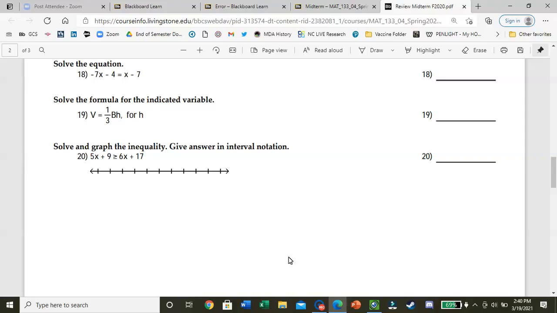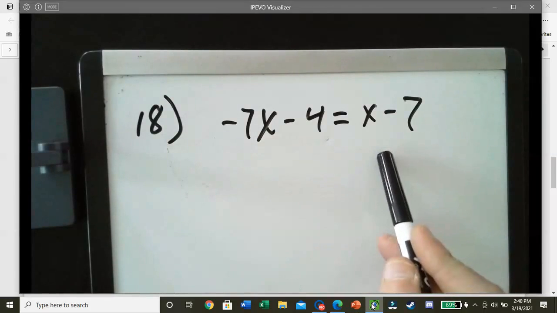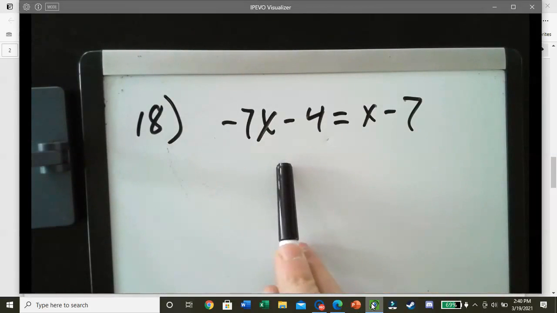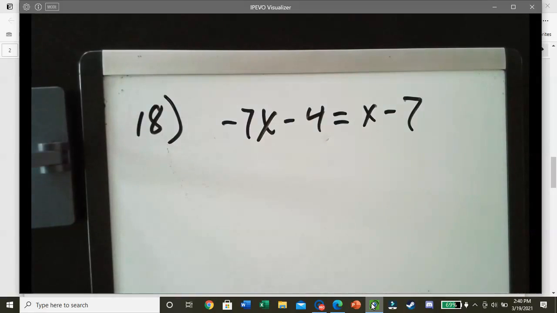Okay, now you can start out one of 4 ways. You can either add the 7x, subtract the 2x, add 4, or add 7. You can start off one of 4 ways. You can have 4 people in this front row, and they all start off a different way, but they all should end up with the same answer.